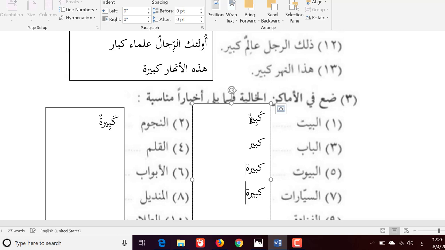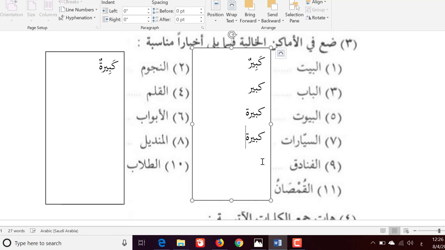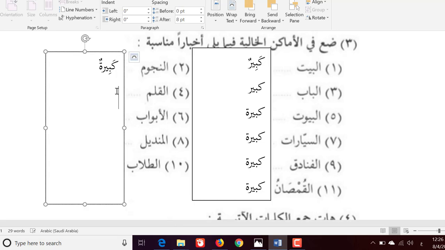Sayarat kabira, non-human plural. Wal-fanadiq kabira. Wal-kumsan kabira. Wal-nujum kabira.